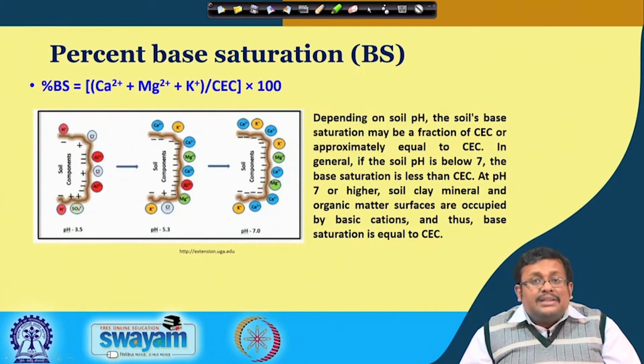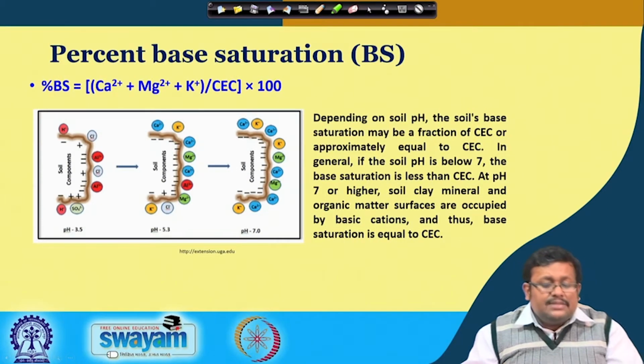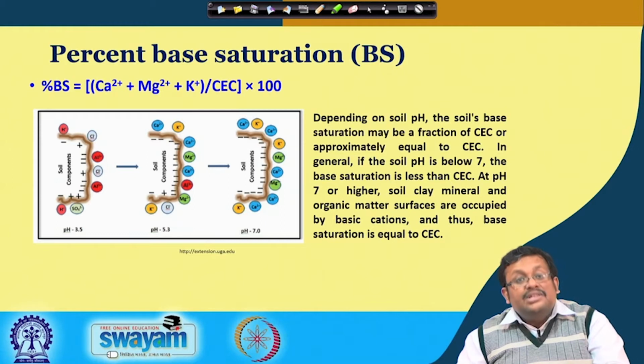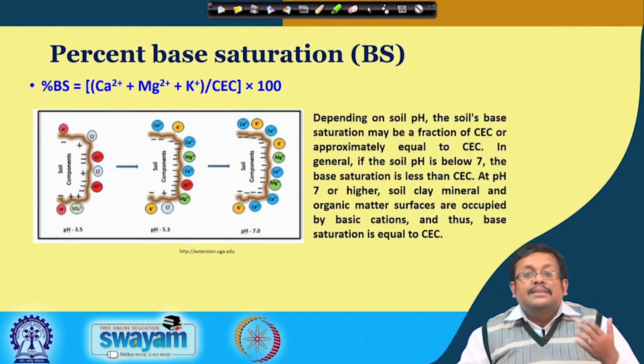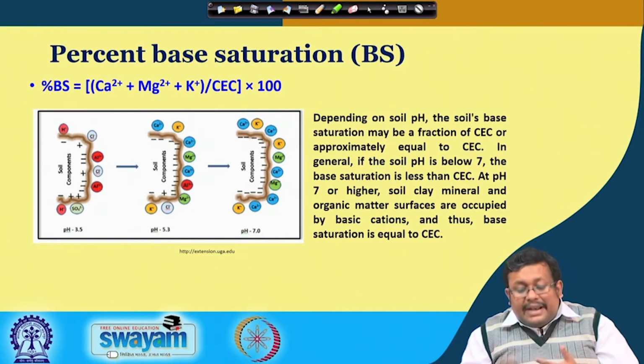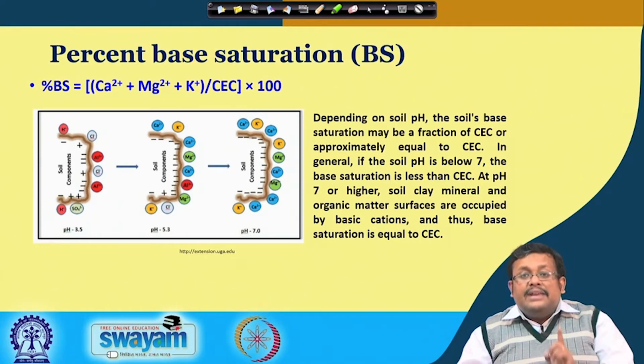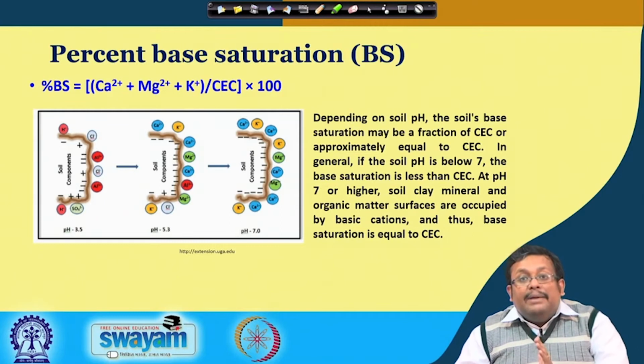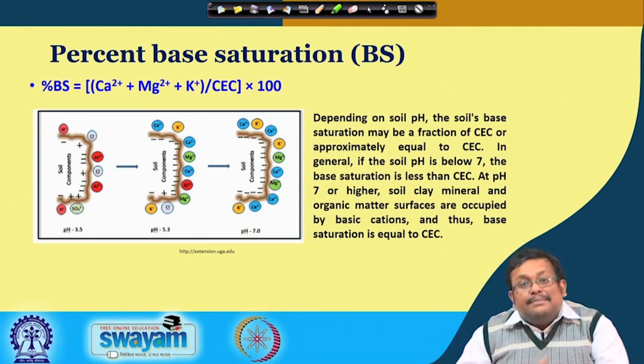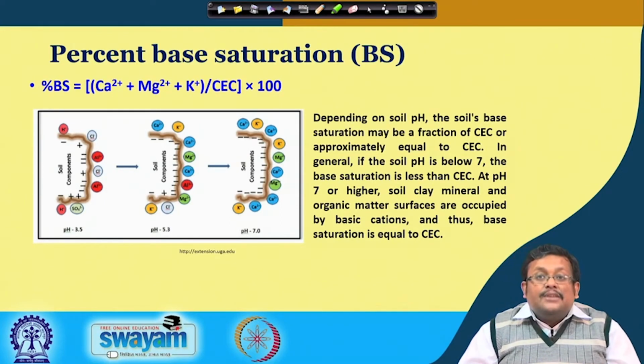What is the formula for percent base saturation? Percent base saturation is calcium plus magnesium plus potassium over total CEC, multiplied by 100. Depending on the soil pH, the base saturation may be a fraction of CEC or approximately equal to the CEC.